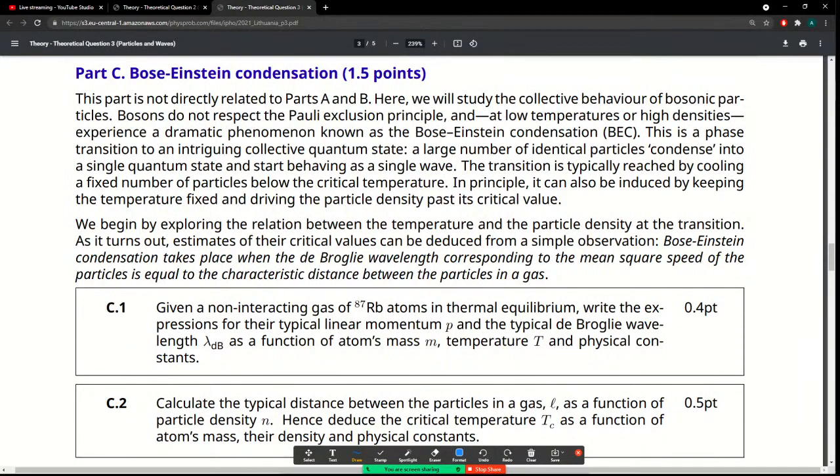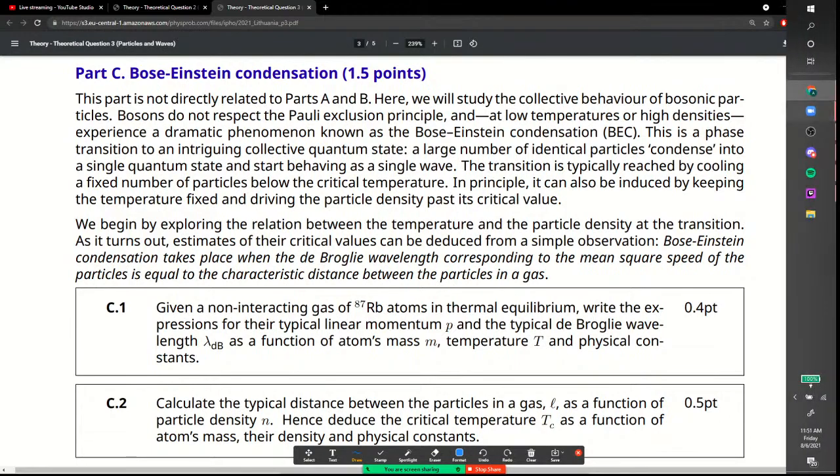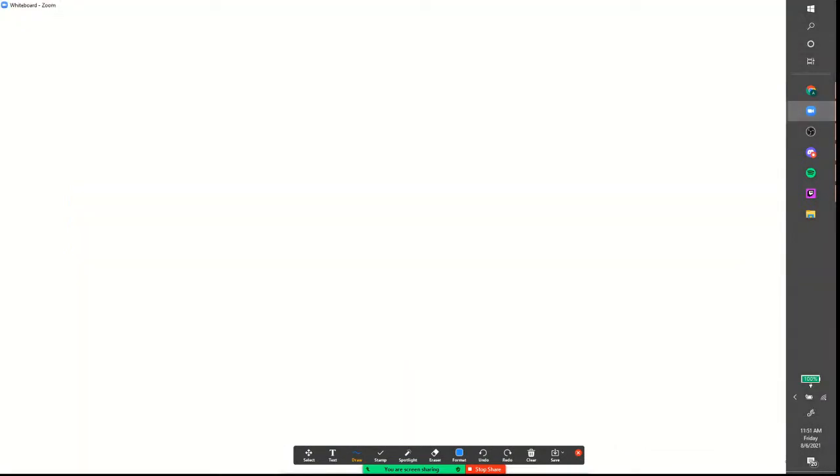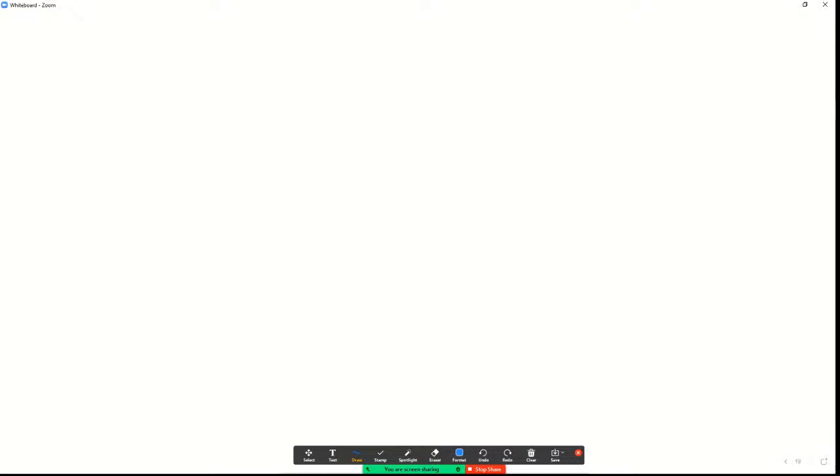Yeah, I think it's mean free path. For C1, I don't think we require that. Yeah, I guess you can just equate average kinetic energy to p squared over 2m, and that'll come from the equipartition theorem, and then we'd get the momentum. Then just find the de Broglie wavelength from that.